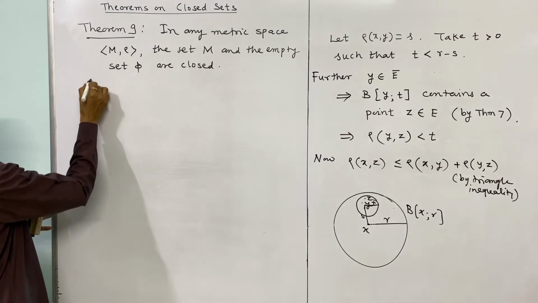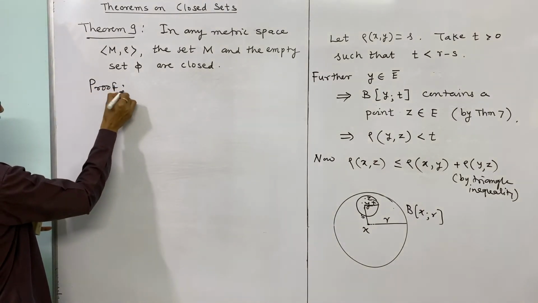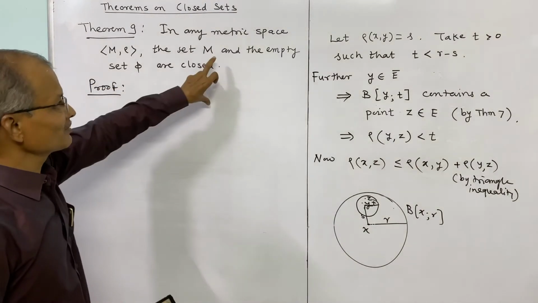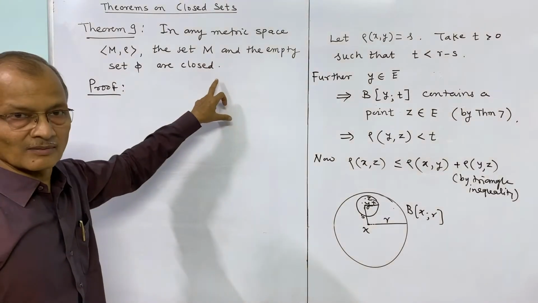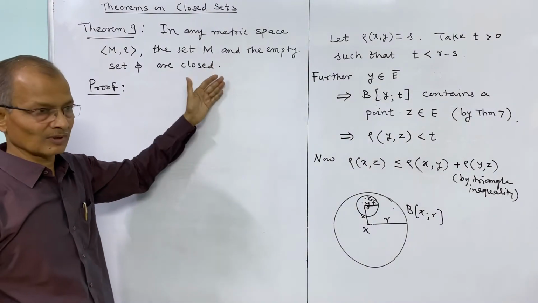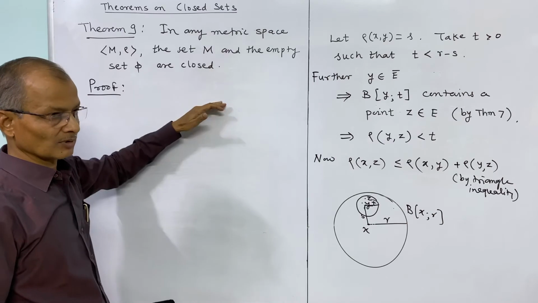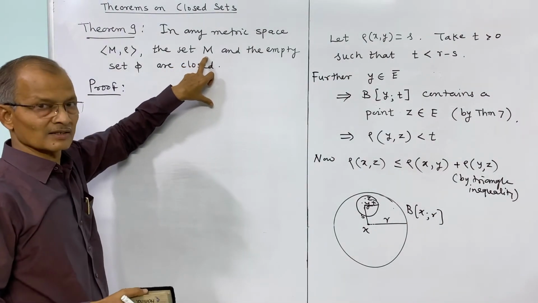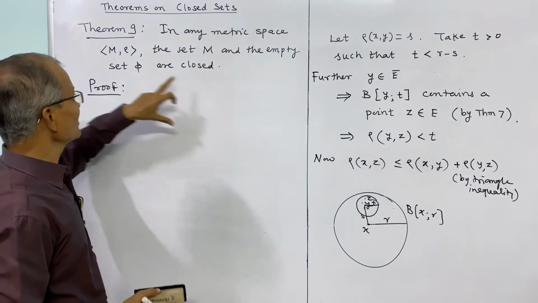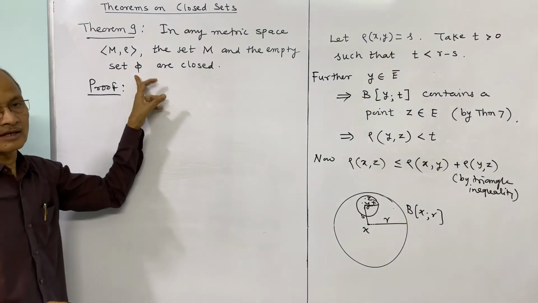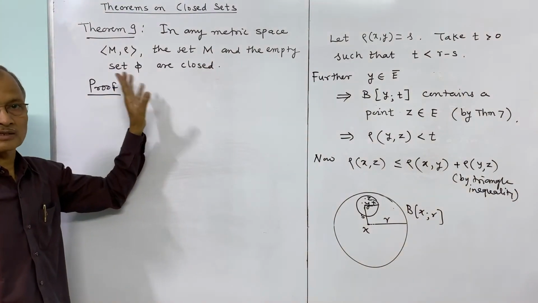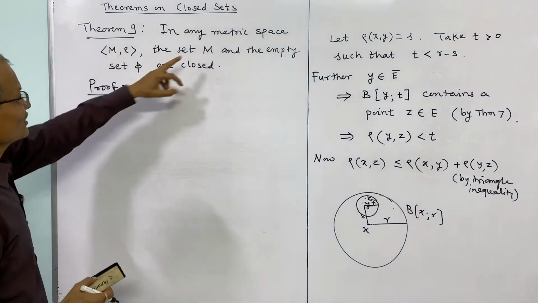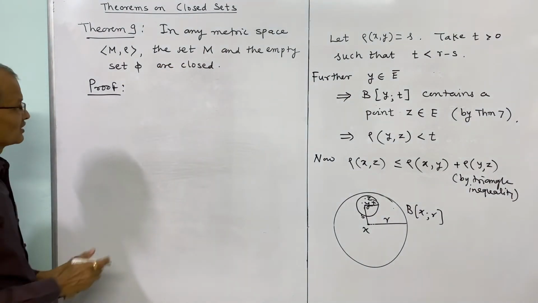So the proof. Earlier, in open sets, we have proved that the entire metric space M and the empty set phi are both open. Here they are both closed. That means the entire set M is open as well as closed, and the same thing about the empty set phi, it is also open as well as closed. So the entire set M contains all points.